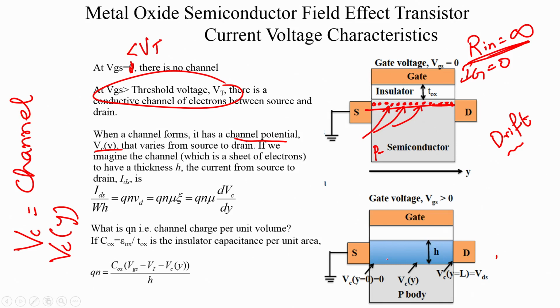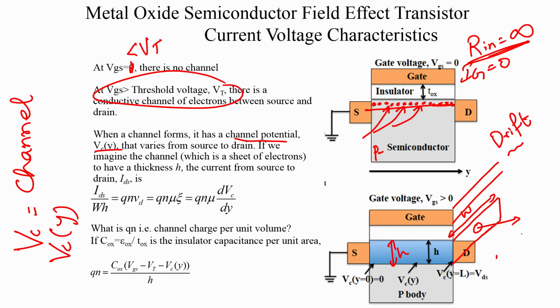So, to define them as having a certain thickness h is odd, but we are going to go ahead and treat these electrons as particles and define the sheet as having a thickness h. And this sheet of electrons has a width which is equal to the channel width of your device, okay. You have this sheet charge which is all migrating from the source to the drain.